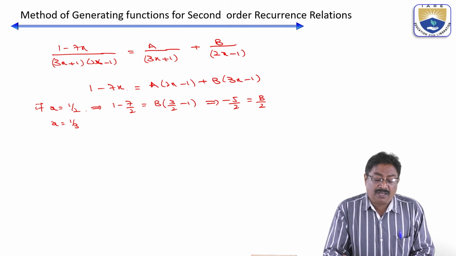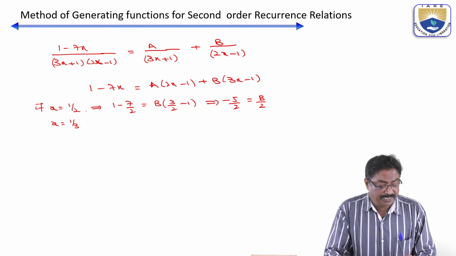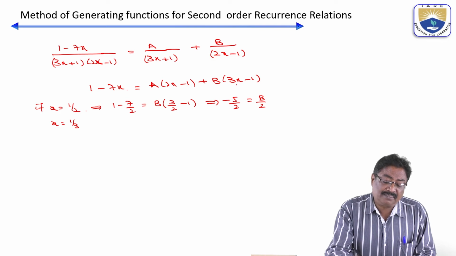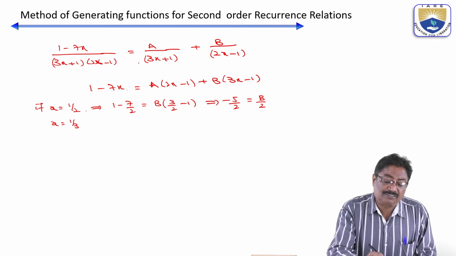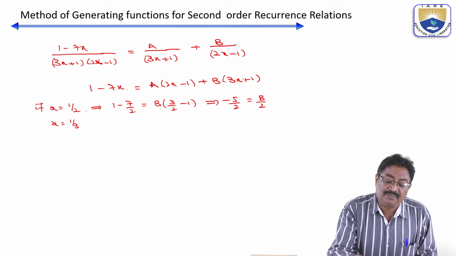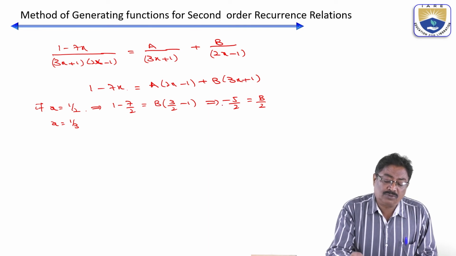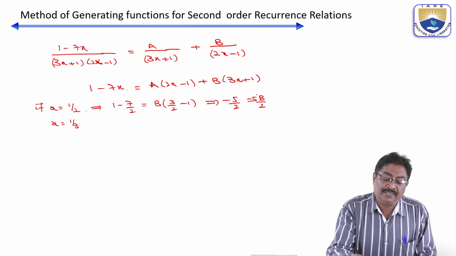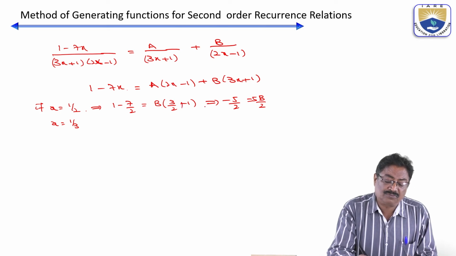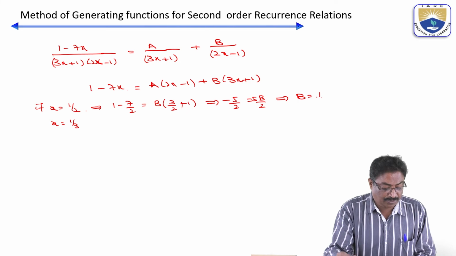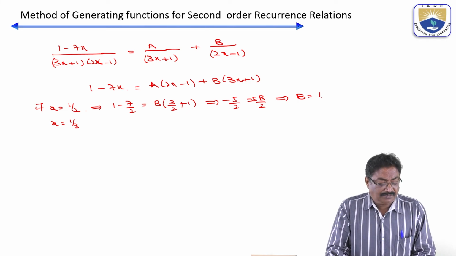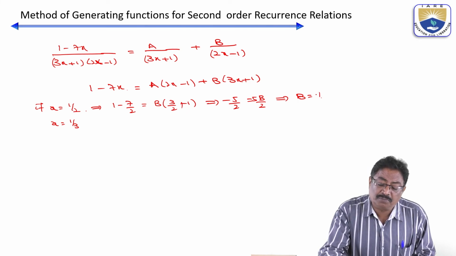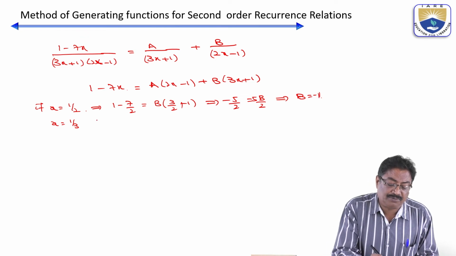Subsequently, what we are going to get, it is 3x plus 1, so I can get 5b. So b equals minus 1. I am just treating b equals minus 1.